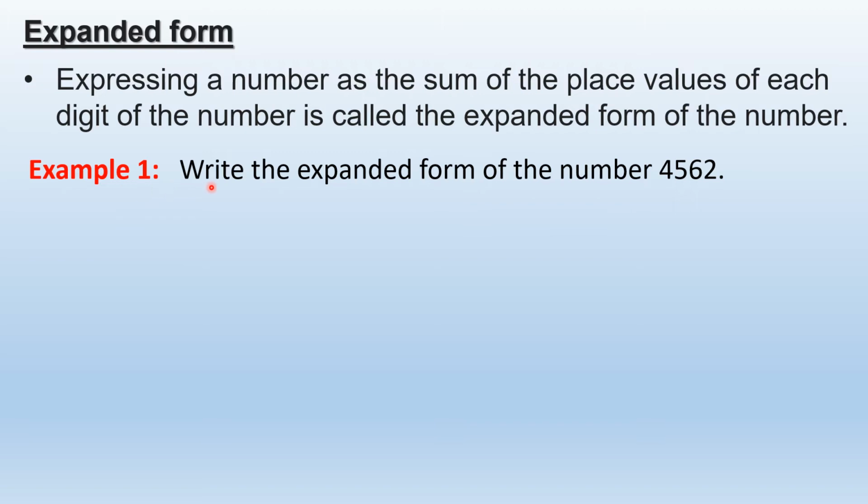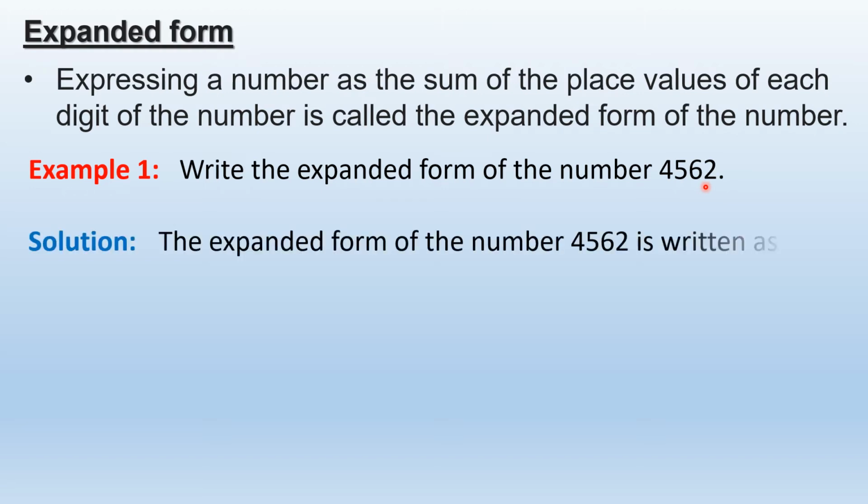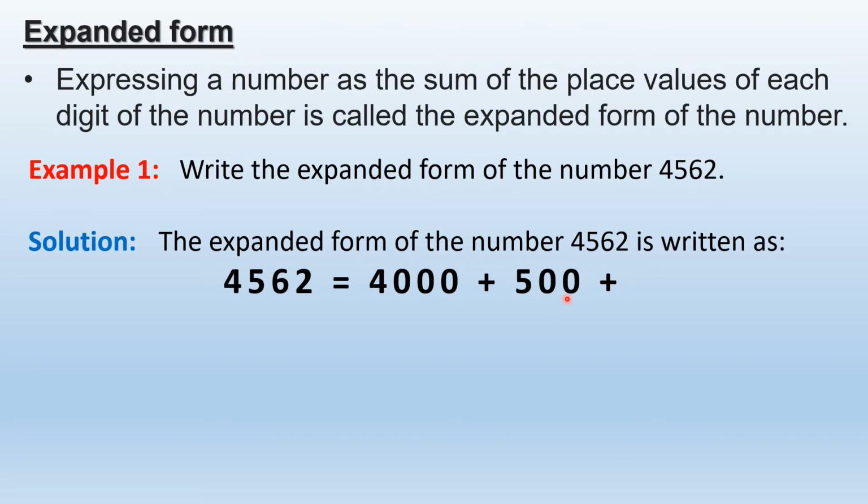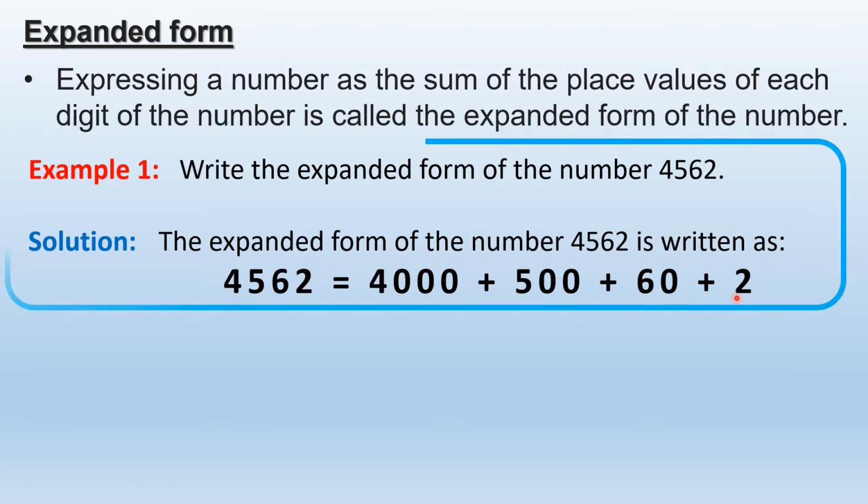Example 1. Write the expanded form of the number. A number is given which is a 4-digit number formed by the digits 4, 5, 6 and 2. The expanded form of the given number is written as: the given number is equal to 4 followed by 3 zeros plus 5 followed by 2 zeros plus 6 followed by 1 zero plus 2.